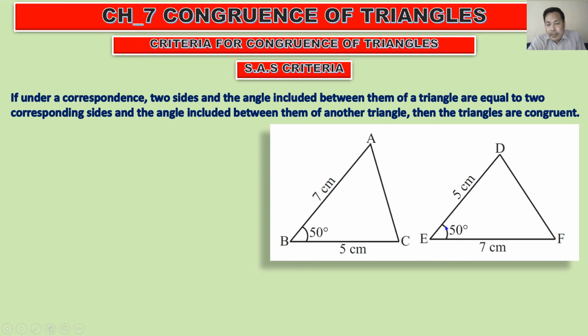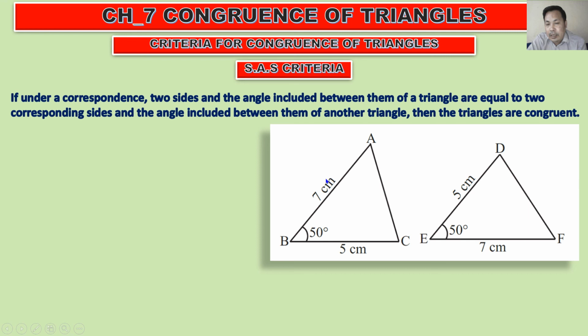One angle is formed by these two corresponding equal sides. Here 50 degrees, here also 50 degrees. That is, angle B and angle E are equal, and these angles are formed in between these two sides, not the angle here or here. Equal side means equal to the corresponding side of the other triangle.